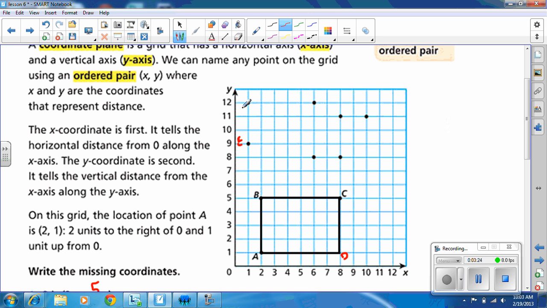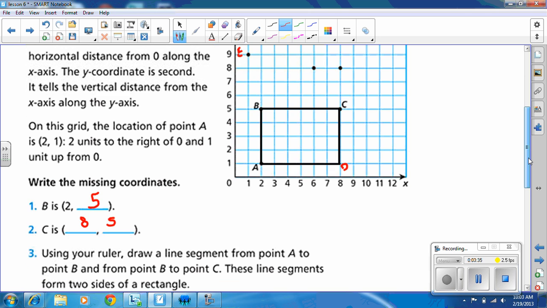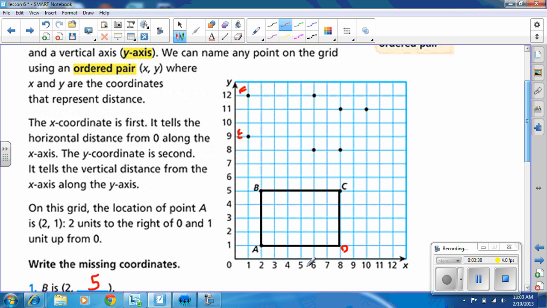So over 1, up 12, label it F. Okay. We're going to go to G, 6, 12. So over 6, and oops, sorry about that, up 12. We're going to label that G. Let me erase that little line that I accidentally drew there.